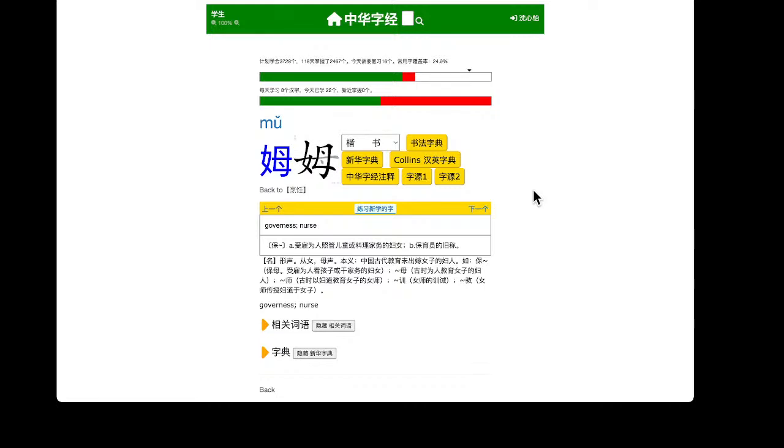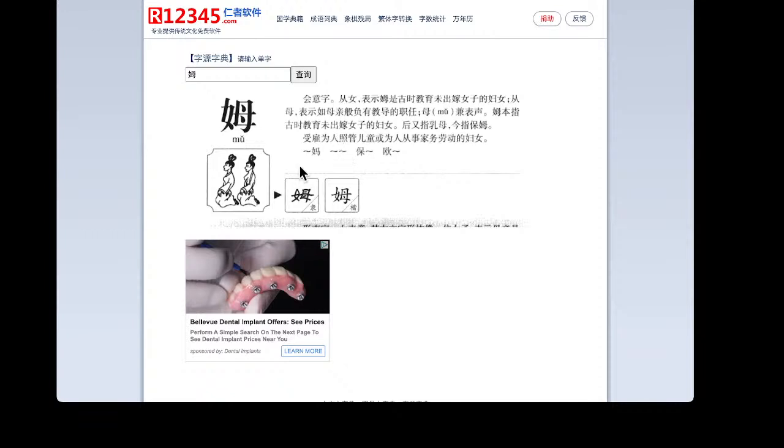They hire another woman to raise and teach their daughters before they marry. Okay. So this is a 母. And the character, it's very easy, which makes sense. Okay, it has the girl radical on the left, and the mother radical on the right. Okay, and so it's very obvious, right?